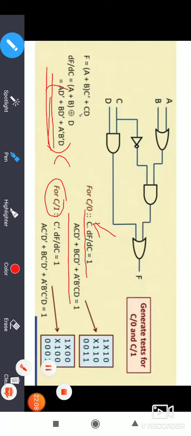From this Boolean expression we can write test vectors.